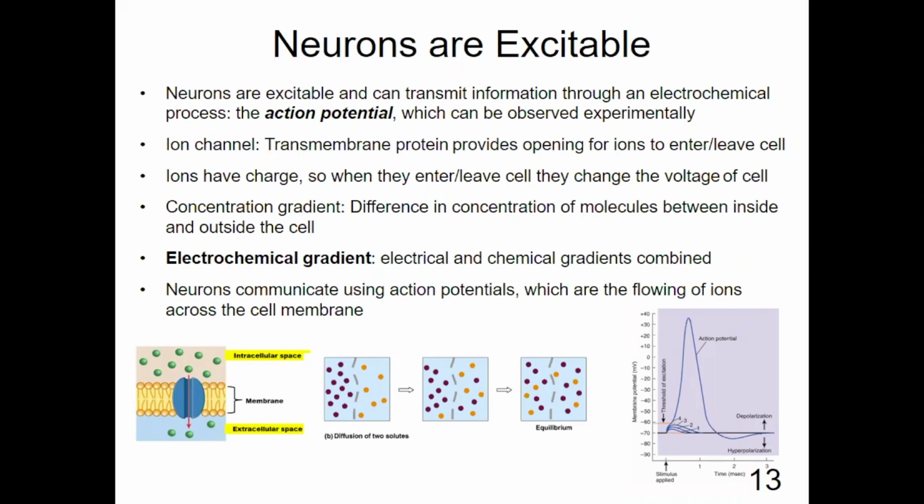So what we're talking about here is the electrochemical gradient. Not only the concentration of various ions, but we also need to take into account the electrical charge, because remember, these are ions that have charge.